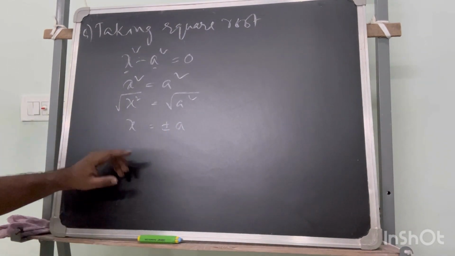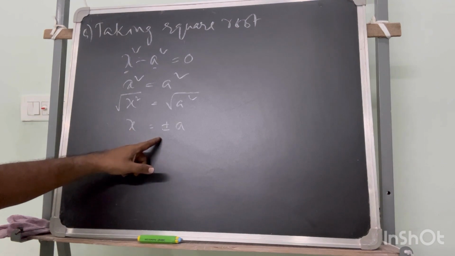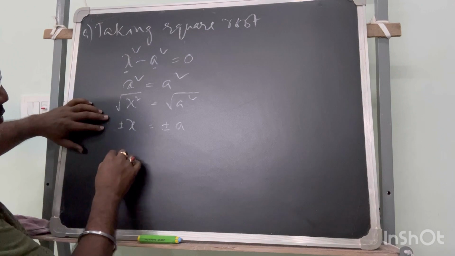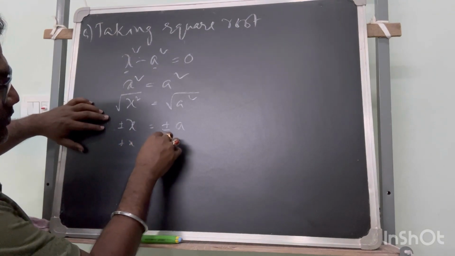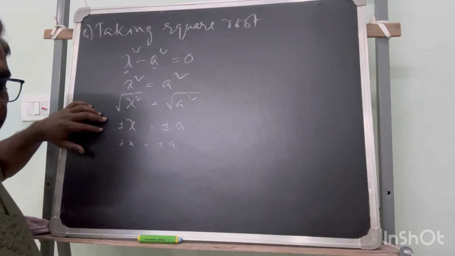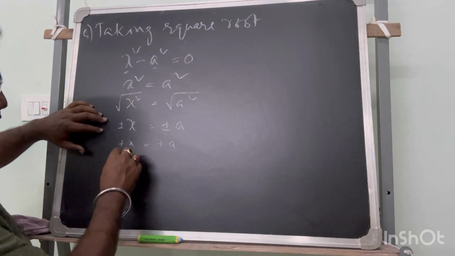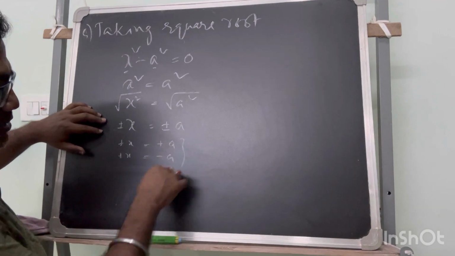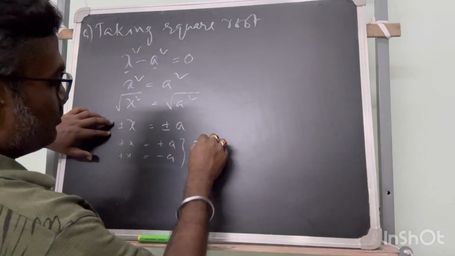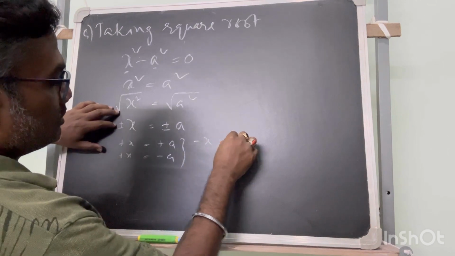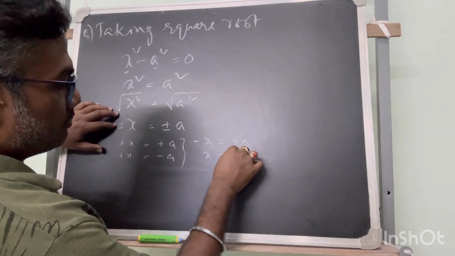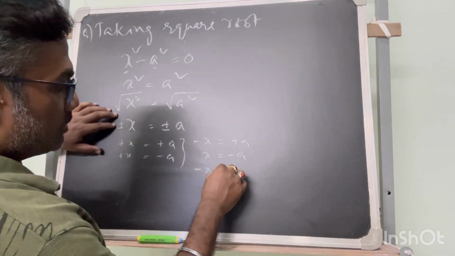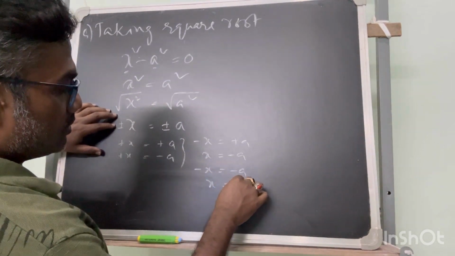I will not take plus minus on both sides, because that will not help much. Even if I take plus minus on both sides, plus x equal to plus a, or plus x equal to minus a, this is one set of values. The other set, minus x with plus a, will give you the same, there is no variation, and minus x with minus a turns into the first one.